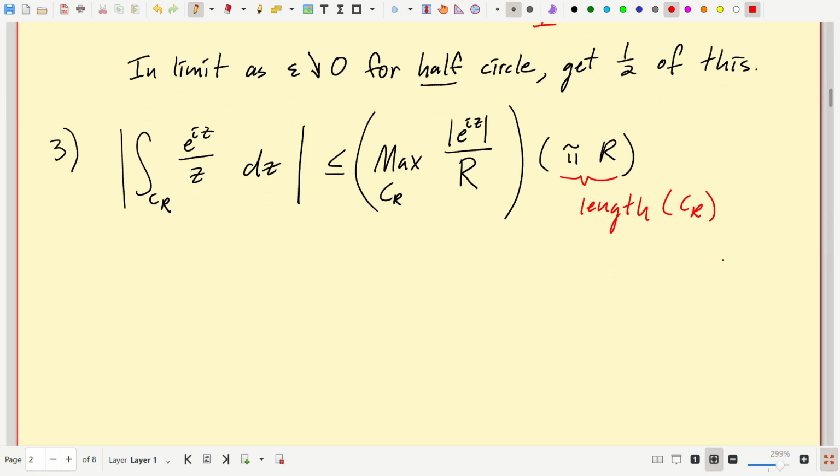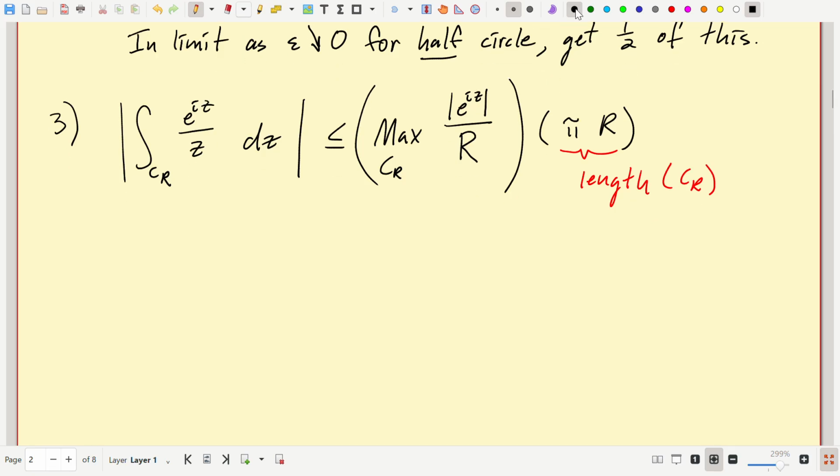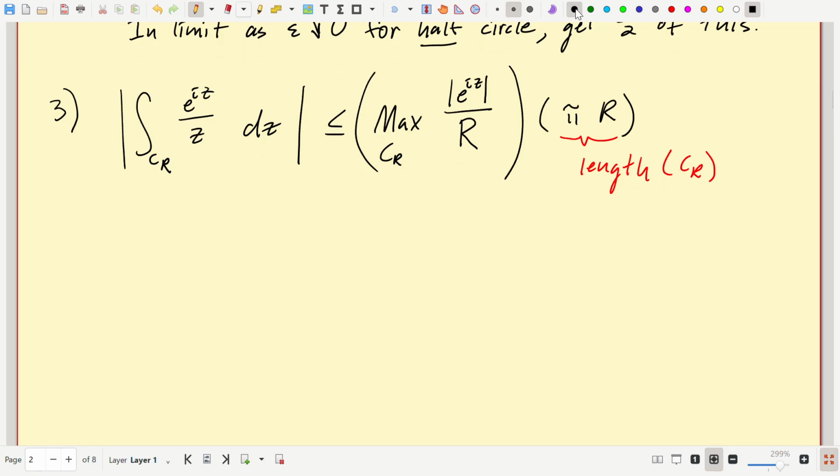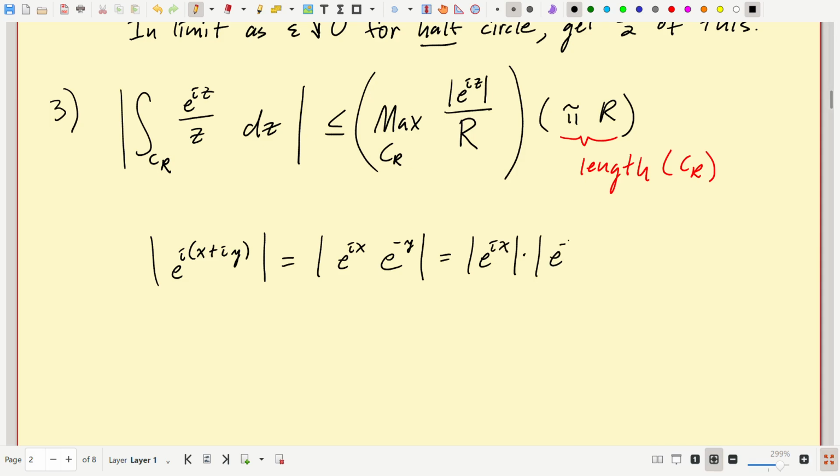And what's going to turn out to be annoying here, and why this requires a special lemma, is that think about e to the iz. Remember e to the ix plus iy. We've done this before. The modulus of that would be the modulus of e to the ix, which is 1, times the modulus of e to the minus y. This one's 1.